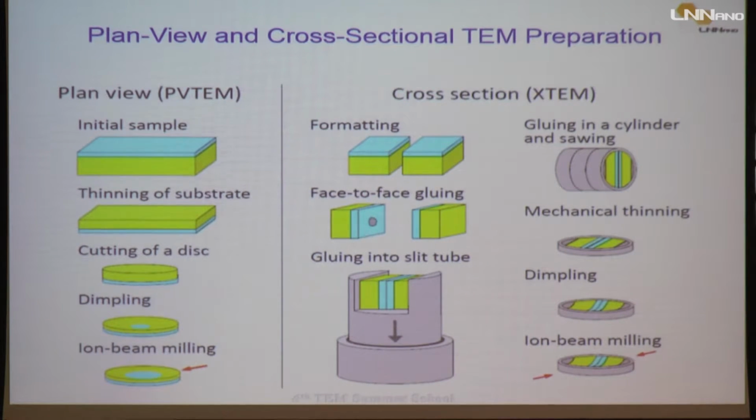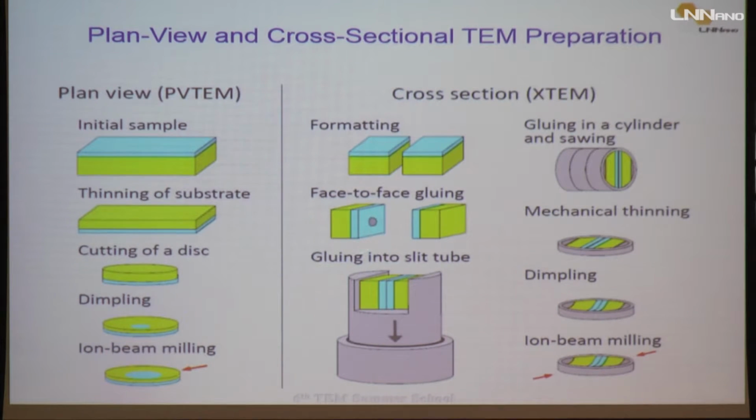For cross-sectioning, okay, we can do what? We start with the initial sample. We cut it in 2 small pieces. We glue face to face. Here is the part where we are interested in. We glue these 2 faces here.